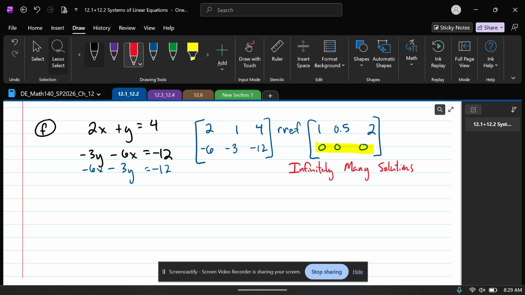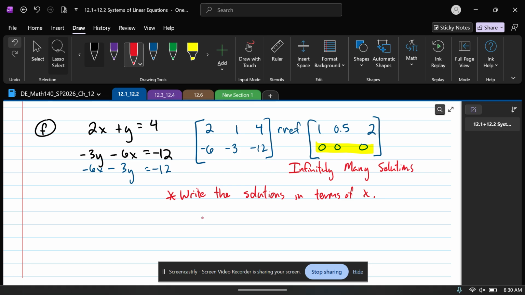And since it's infinitely many solutions, let's write the solutions in terms of X. They're going to tell you what letter to write the solutions in terms of. So if you're saying write it in terms of X, what you've got to do is take that top row and pull it out of the matrix as an equation.